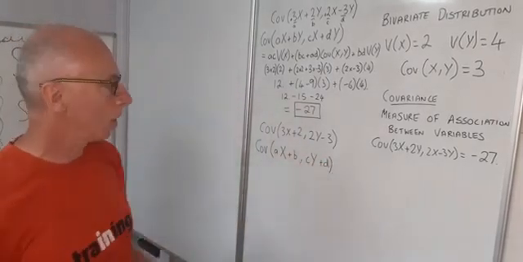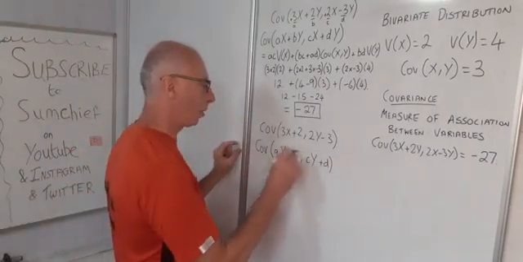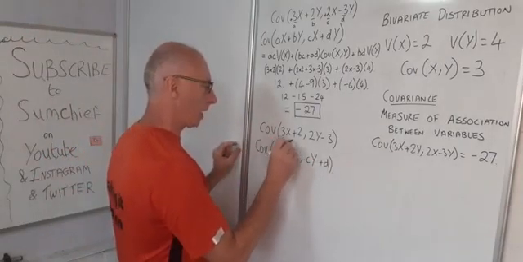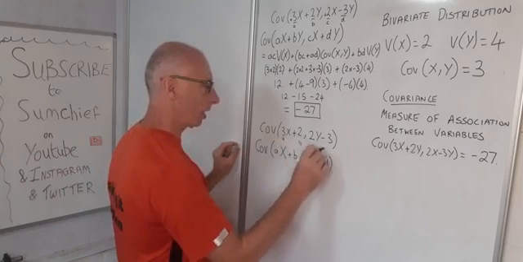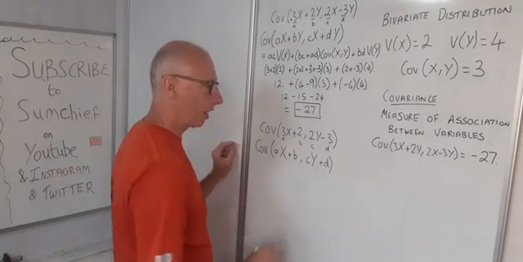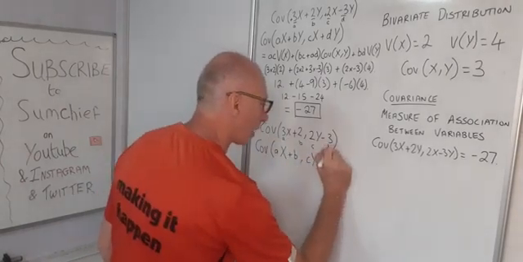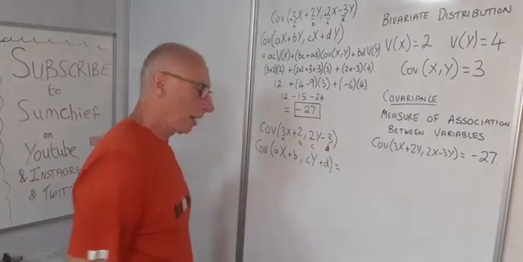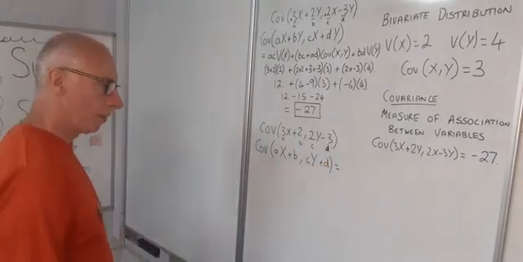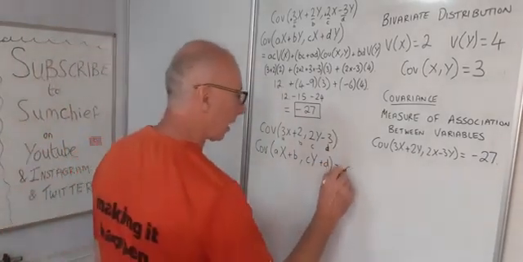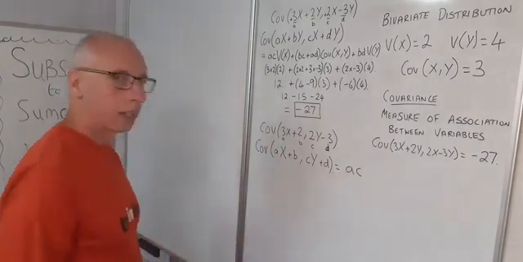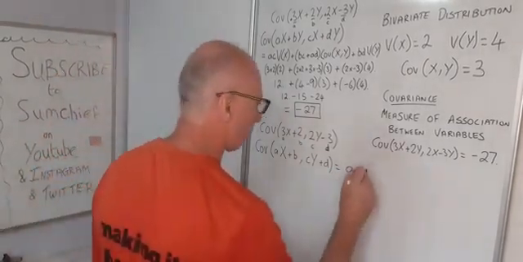So this is our input: this will be our a, our b, our c and our d, which includes the minus. And then the calculation for this one is a times c times the covariance of x and y.